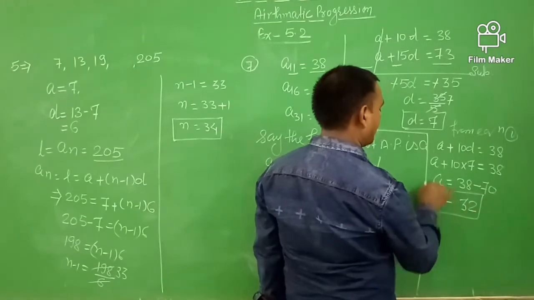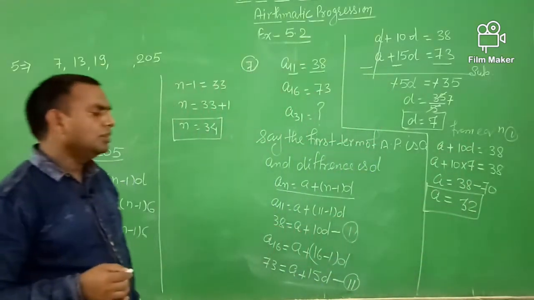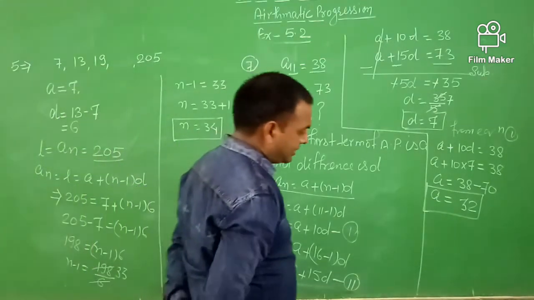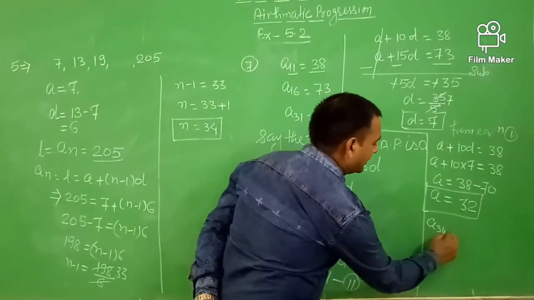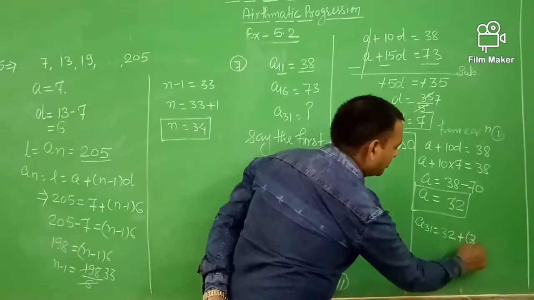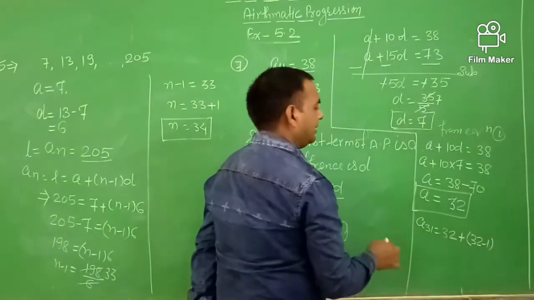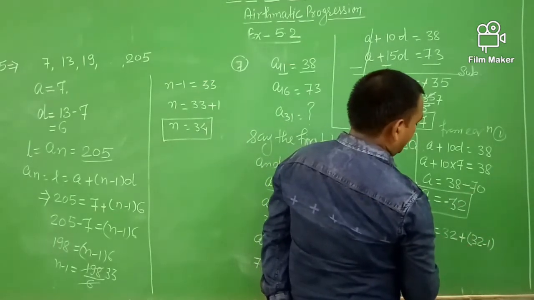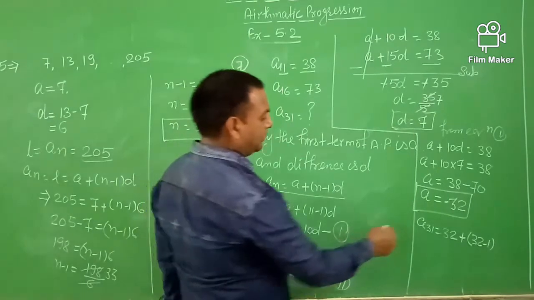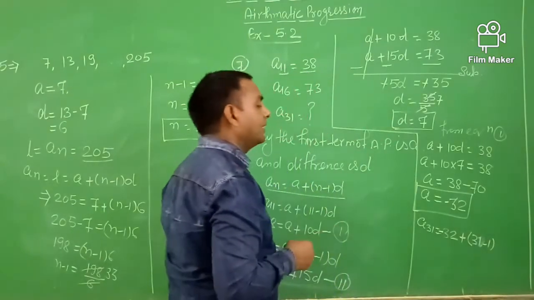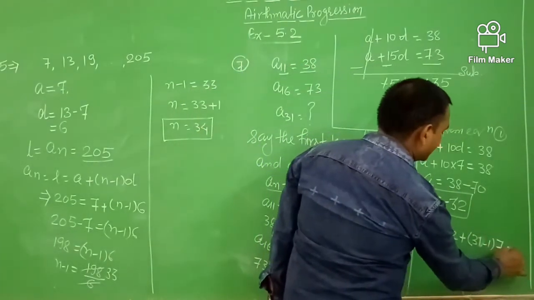Right. So the values of a and d are both given. After that you find the 31st term. If you want to find the 31st term, so a31 is equal to a plus 31 minus 1 into d, where a is given, it is minus 32, and d is also given, it is 7. So a31 is equal to minus 32 plus 30 into 7.